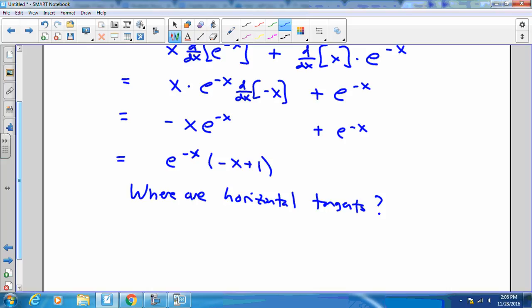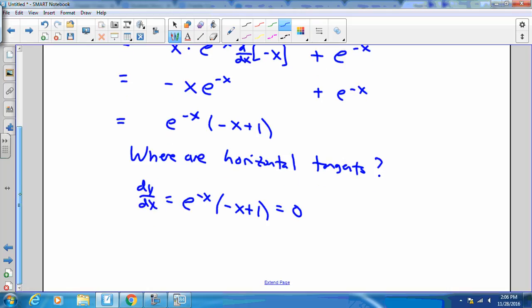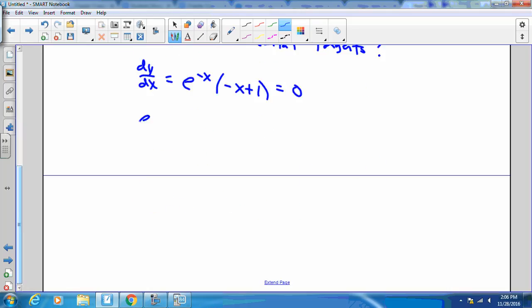And so exactly as you said, we would set dy dx equals 0. And in factored form, that's particularly useful because I can now say that either e to the negative x is equal to 0 or x equals 1, right?